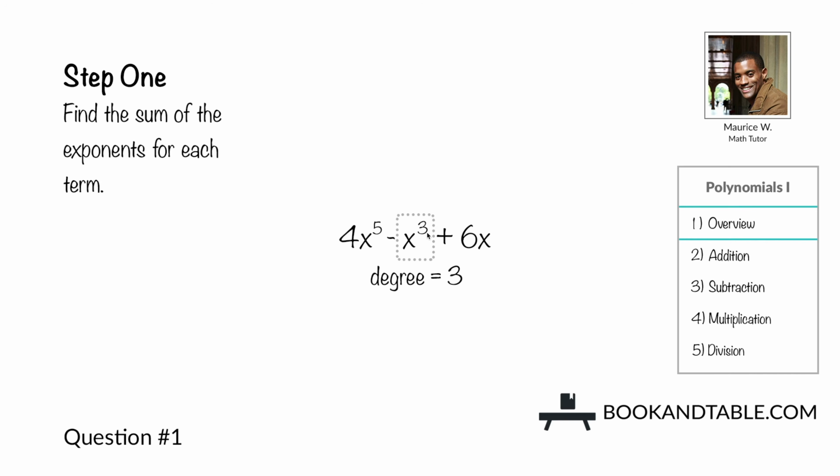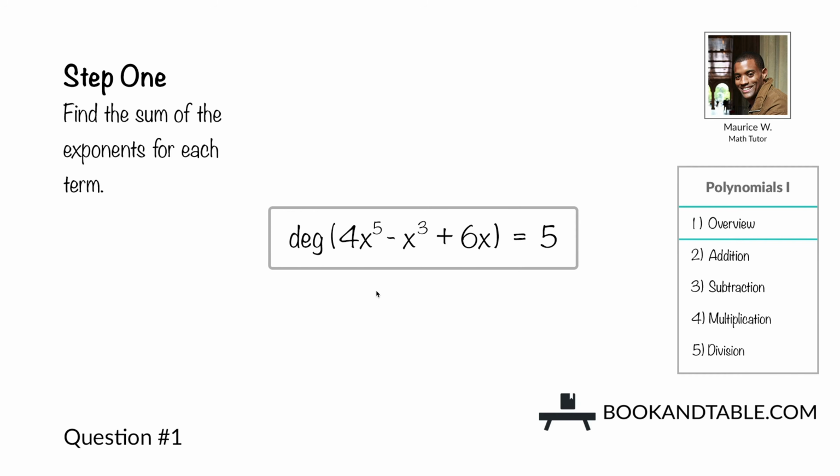This variable has an exponent of 3. So this term has a degree equal to 3. And then we have 4x to the fifth. X to the fifth has a degree equal to 5. So since this is the largest degree of the polynomial, the degree of 4x to the fifth minus x to the third plus 6x is equal to 5.